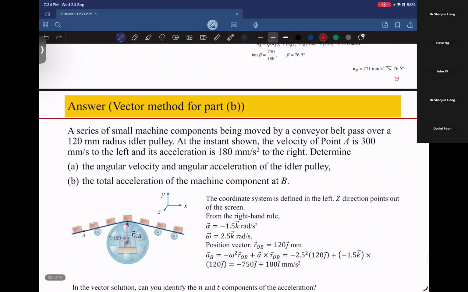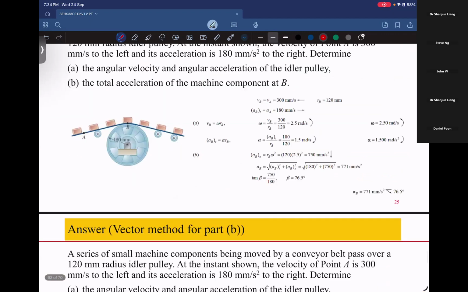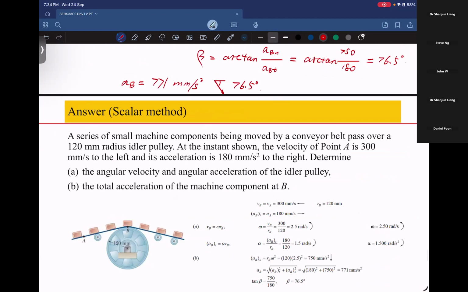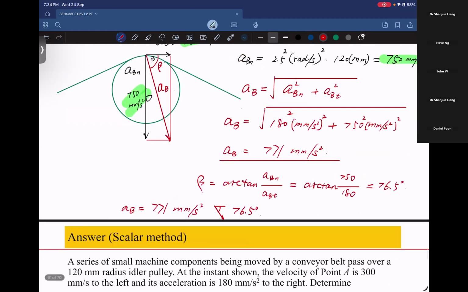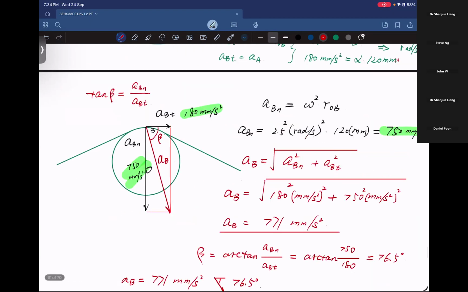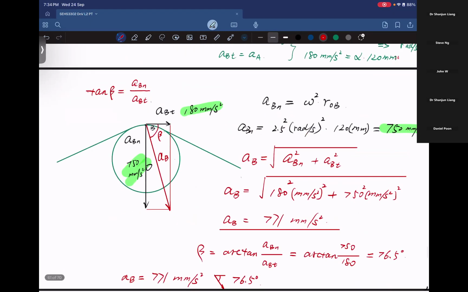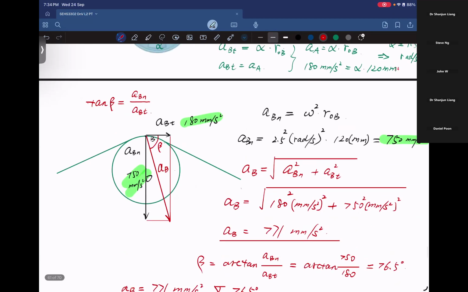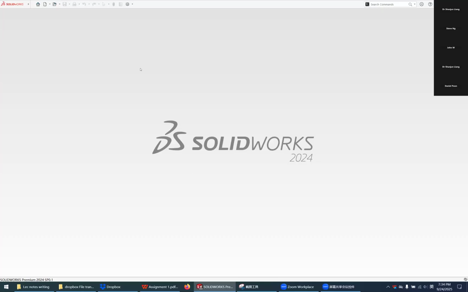Okay, then this is about the belt drive, right? Let's see an animation about a belt drive. Okay, so let's start, and I just share my screen to you. Now you can see SolidWorks.